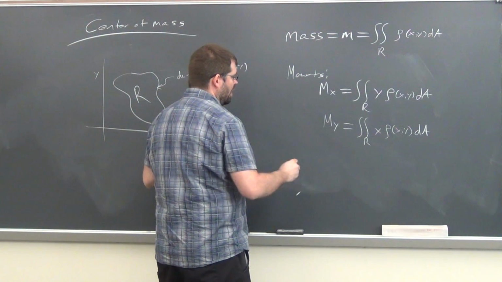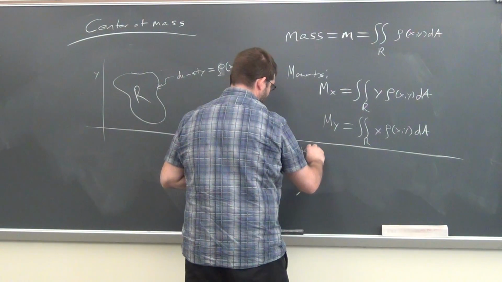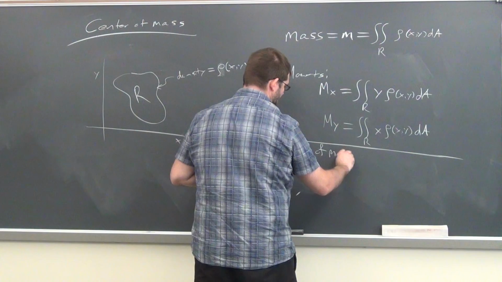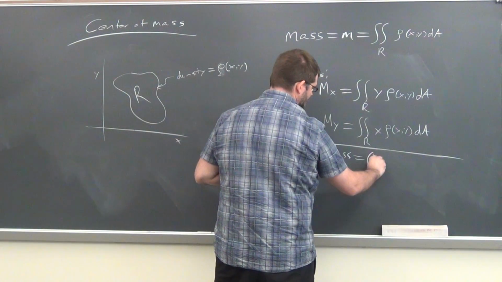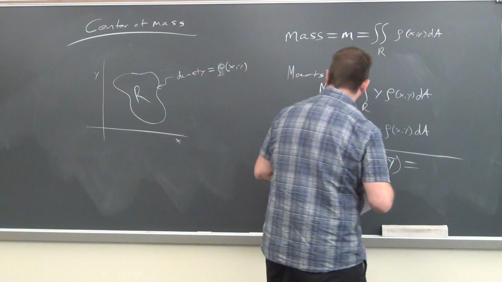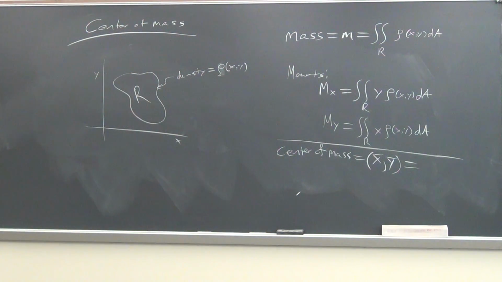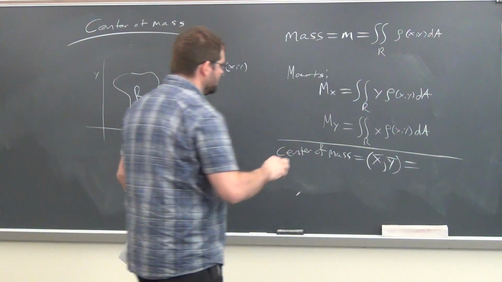And vice versa. And then the big thing is that your center of mass is just x bar, y bar. And so we just compute these by, well, I'll just write it up.